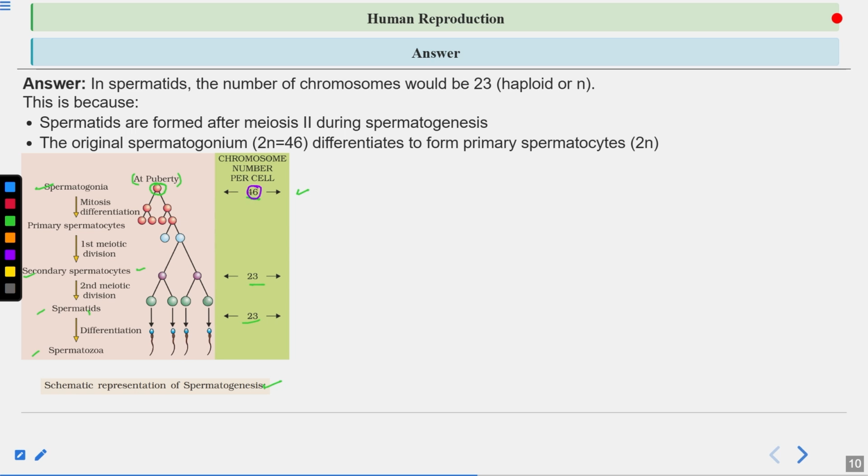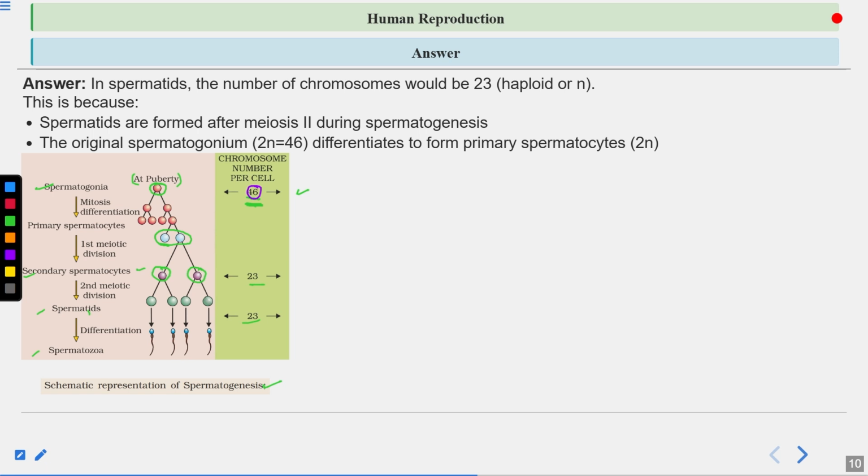Now, some of the spermatogonia differentiate into primary spermatocytes. Primary spermatocytes are also diploid, meaning they have 46 chromosomes. In the primary spermatocyte, the first meiotic division occurs, leading to the formation of 2 secondary spermatocytes.